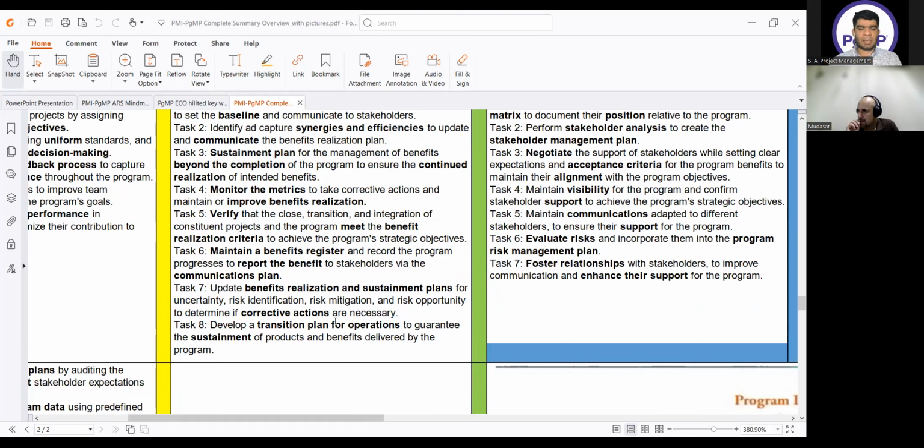Yes. Okay. And number 8 is develop a transition plan for operations to guarantee the sustainment of products and benefits delivered by the program. So in order to guarantee the sustainment, we have to update the transition plan for operations. So whenever the word operations comes, it will be through the transition domain. Is it clear? Okay. Yes.